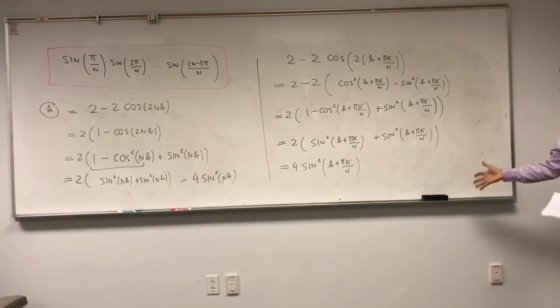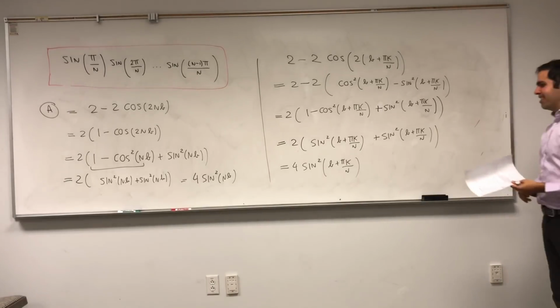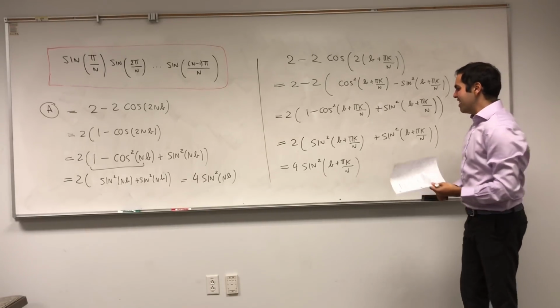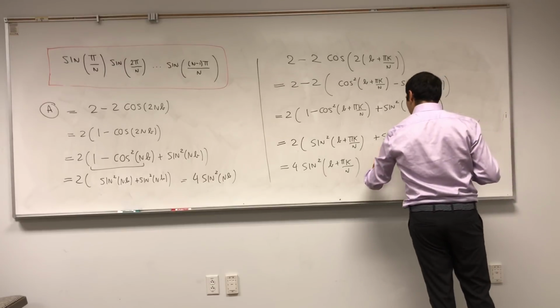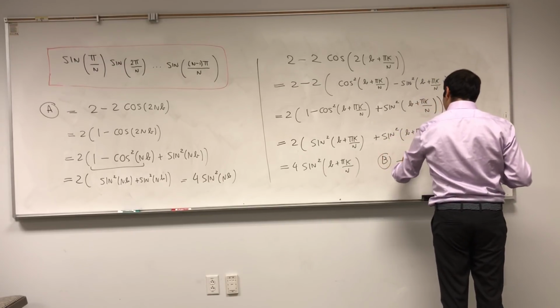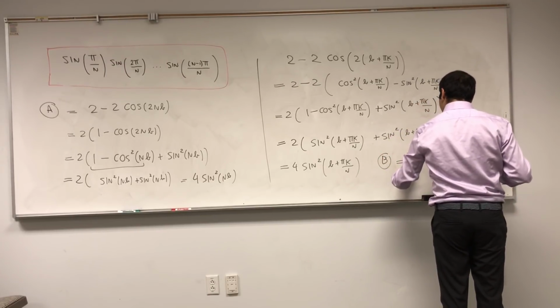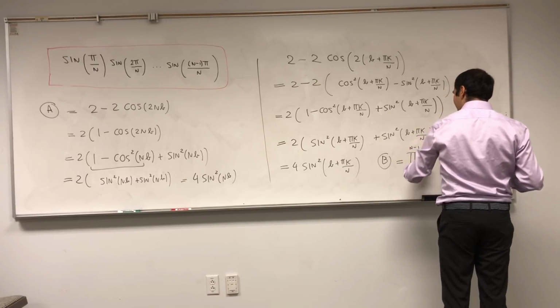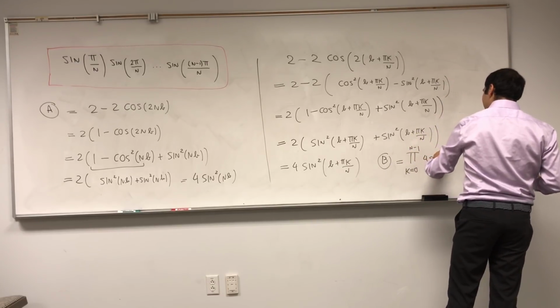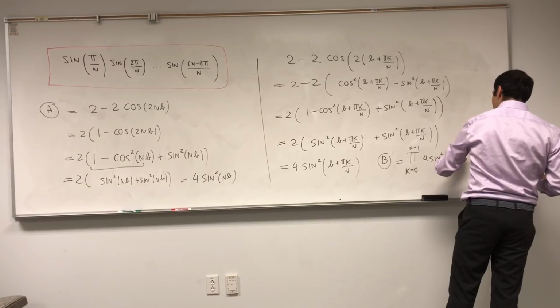And you'll see it's very nice, because now our formula simplifies. So therefore, B is really the product, k from 0 to n minus 1, of 4 sine squared of b plus pi k over n.